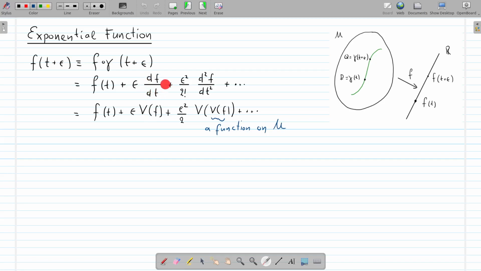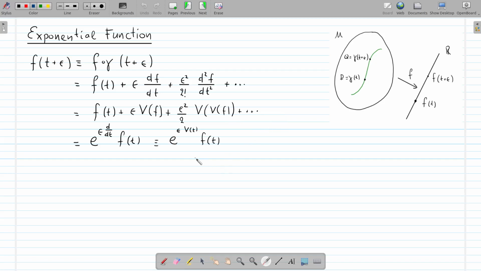So the first term, linear in epsilon, is the action of v on f, and the second term here is the action of v on f, giving us a different function on M, and then acting with v on that function. Similarly, higher-order terms are defined by multiple actions of the vector v on the function f.